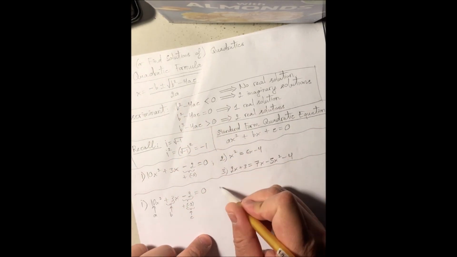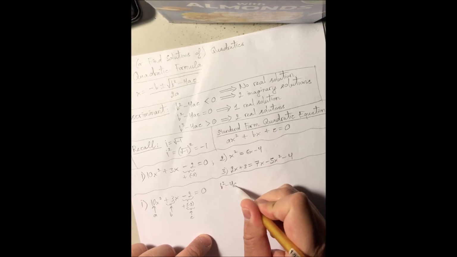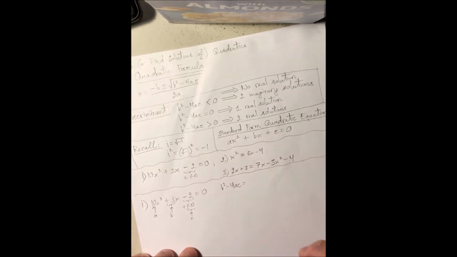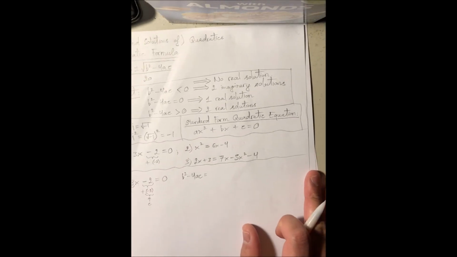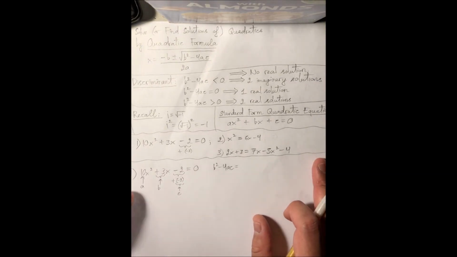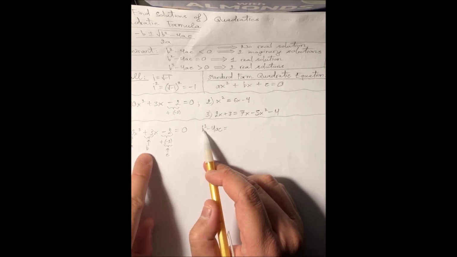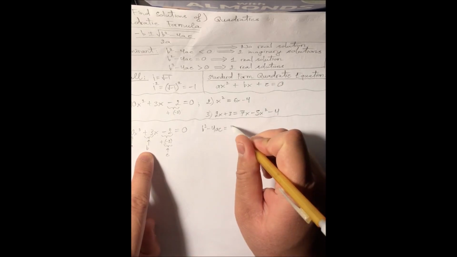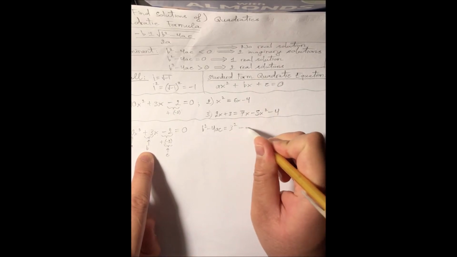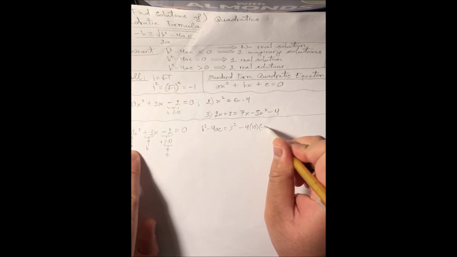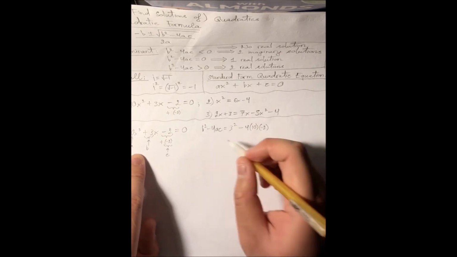So with the discriminant, b squared minus 4 times a times c, that is the same as saying 3 squared minus 4 times a, which is positive 10, times c, which is -2. What is this going to be equal to?